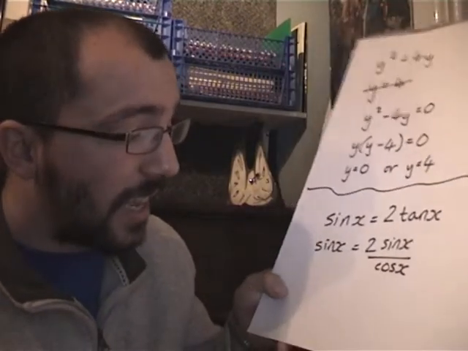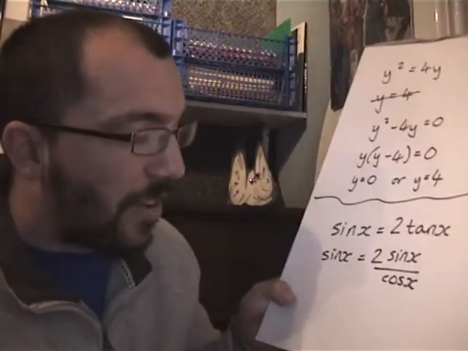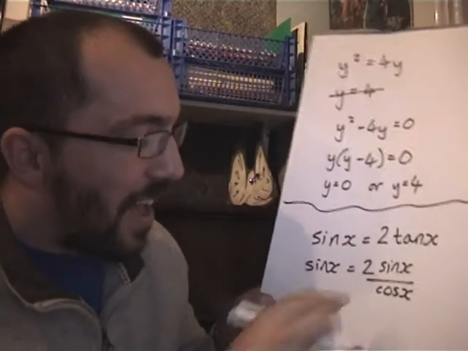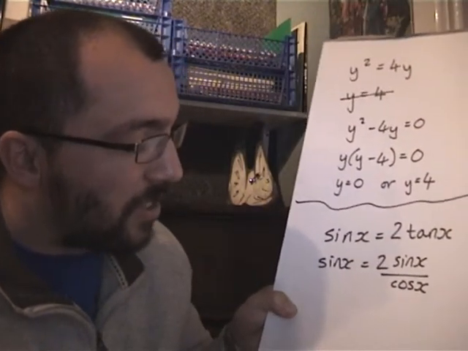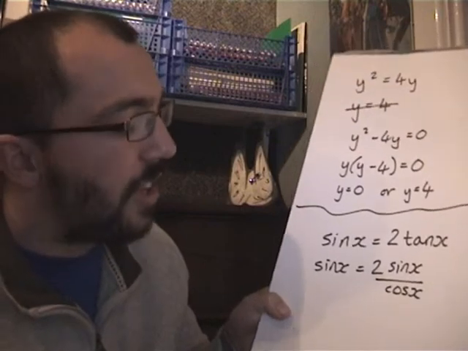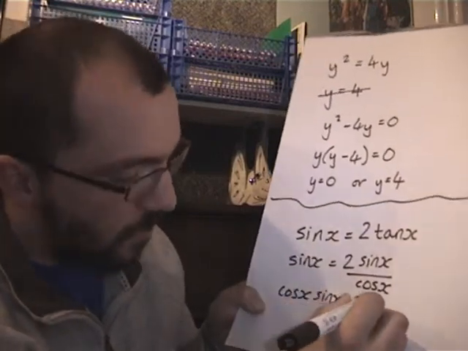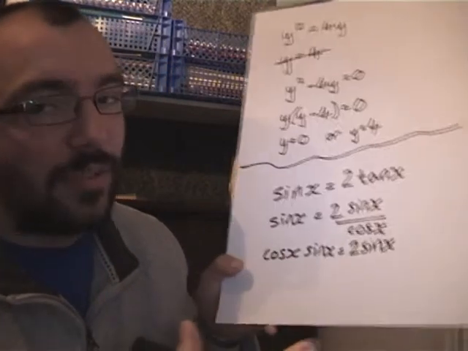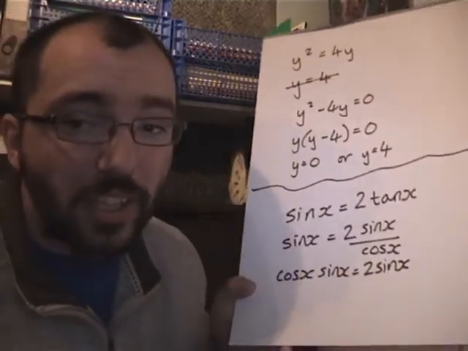Anyone that says sin x gets a very abrupt correction. It's sine. And then they'll do something like times both sides by cosine, and I'm still with them.